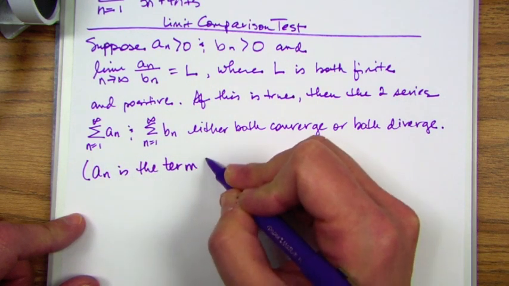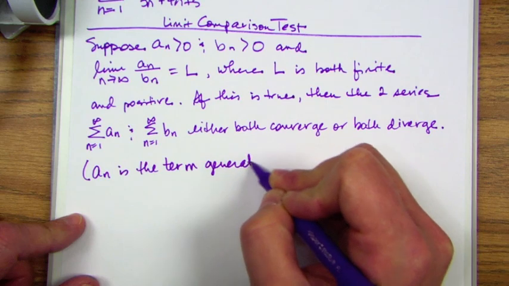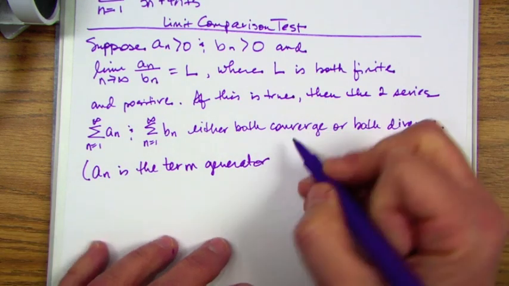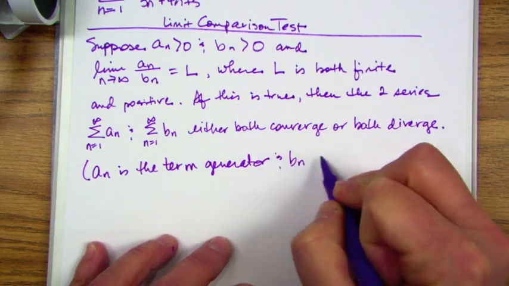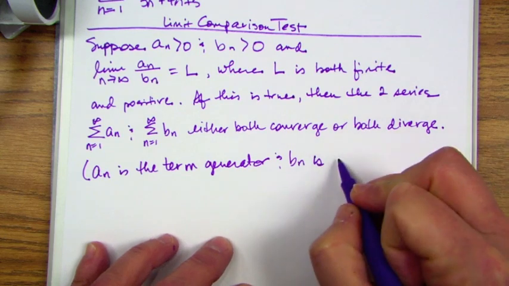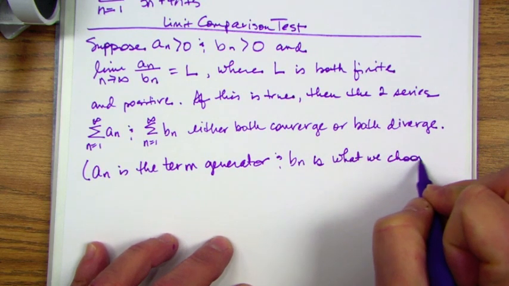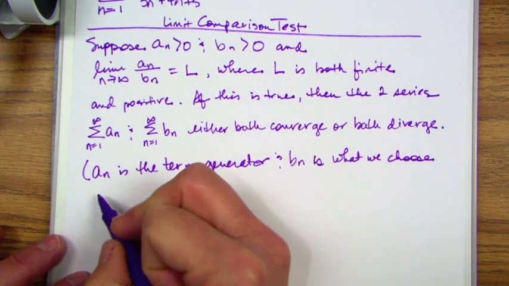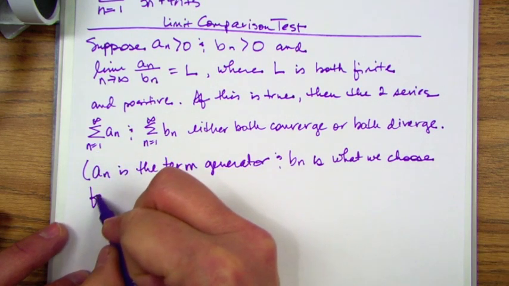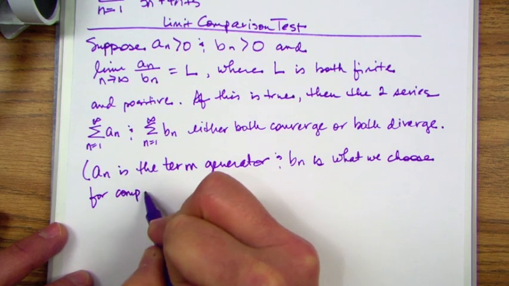A sub n is the term generator, and b sub n is what we choose for comparison.